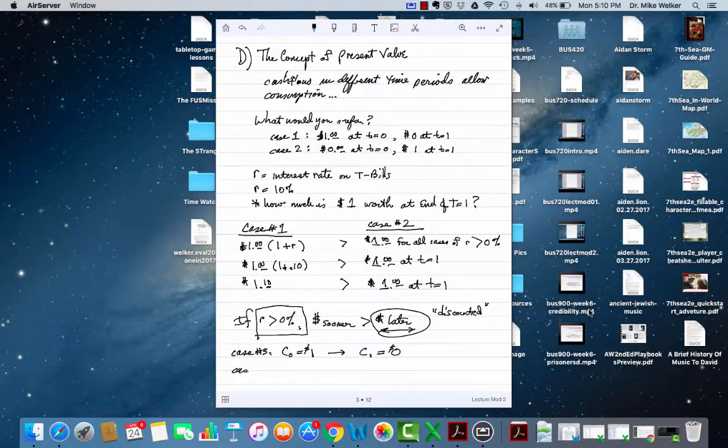And of course, let's look at case number 4. Suppose you got $0 in time period 0. Compare that to $1.15 cash in time period 1.